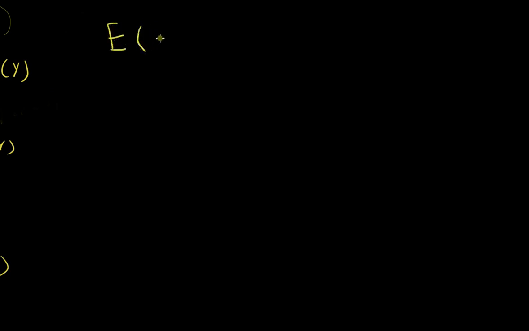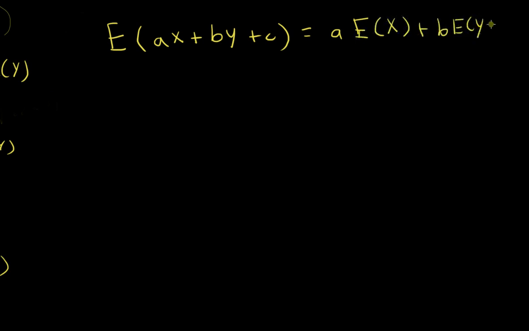Okay, so say I have ax plus by plus c, where a, b, and c are just constants, right? Then the expected value of this is equal to a times the expected value of x plus b times the expected value of y plus c.